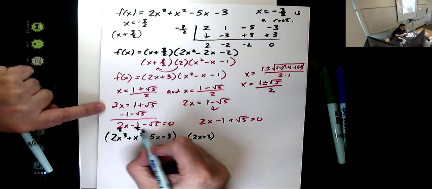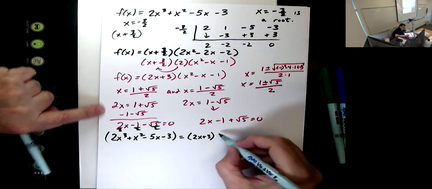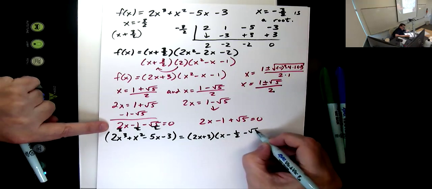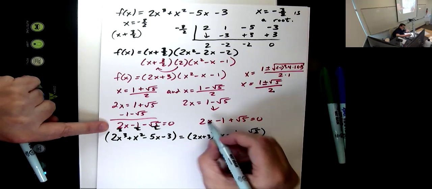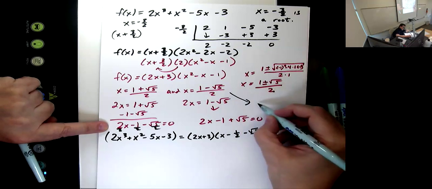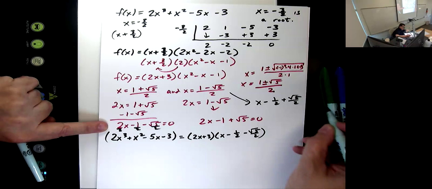I'm not gonna multiply through by 2. I'm gonna put it back. x minus 1/2 minus square root of 5 over 2. And if I just subtract, I got x minus 1/2 plus square root of 5 over 2 right there.